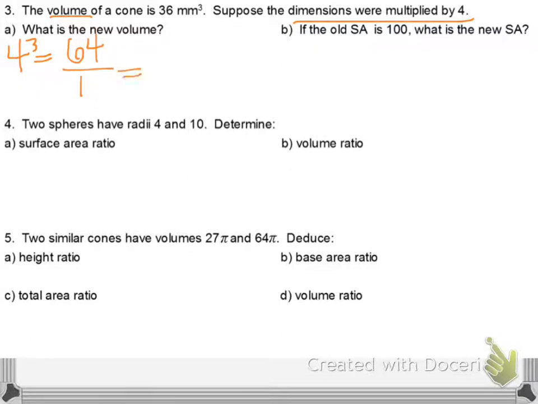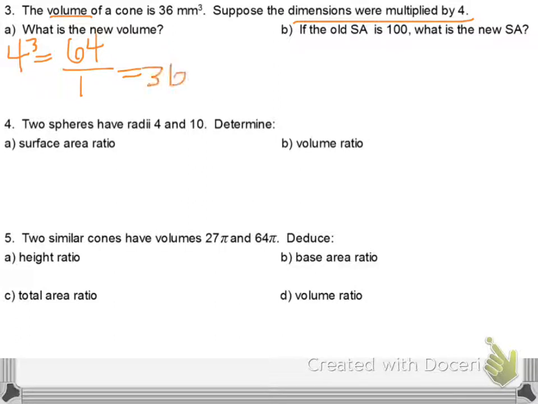because I need to find a new volume, and so I need to set up a little proportion here. Now you could do this without setting up a proportion because you can probably figure out that you need to multiply that, but I'm just going to go ahead and do it. So it says the volume of a cone is 36, and the dimensions are being multiplied by 4. So this is something that's getting bigger.